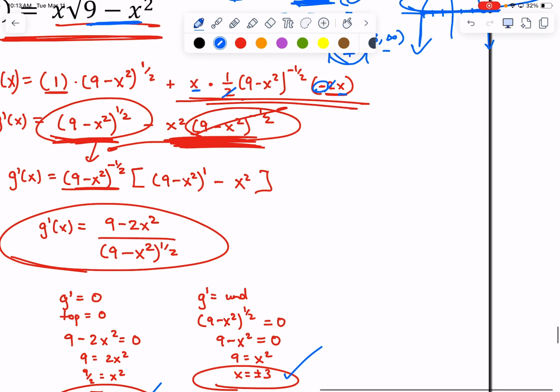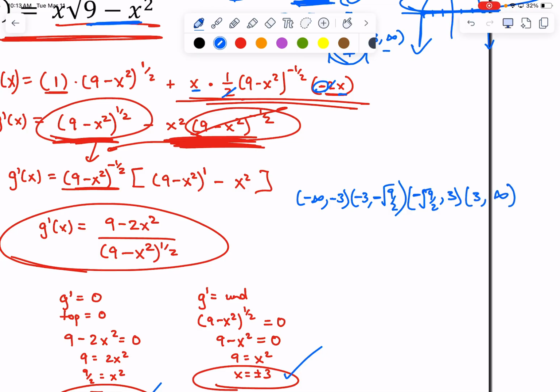So, guess what? Our sign analysis is really big and nasty. Here we go. It's going to be from -infinity to -3. It's going to be from -3 to negative root 9 halves. It's going to be from negative root 9 halves to what? 3. Thank you, Mr. Morris. And then it's going to be from 3 to what? Did I get them all? What about positive root 9 halves?